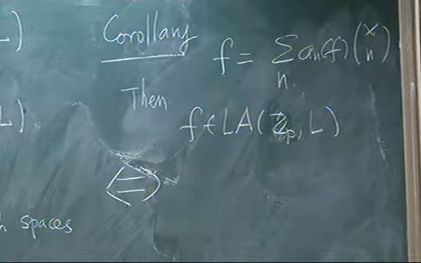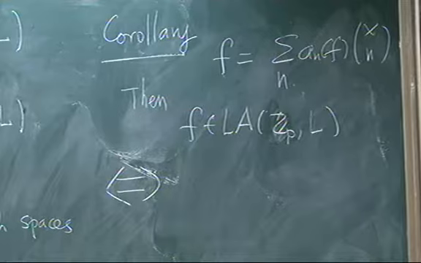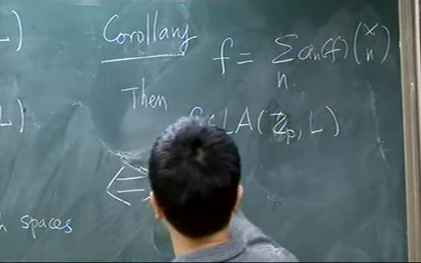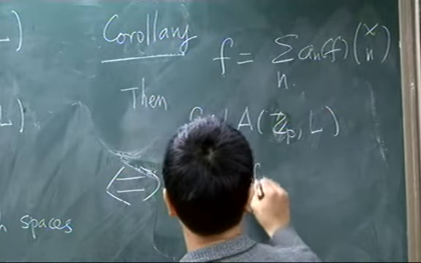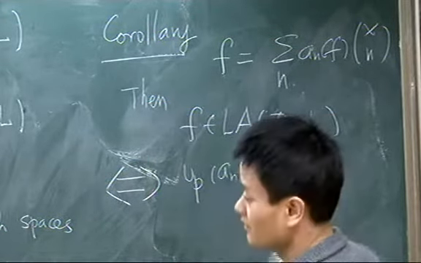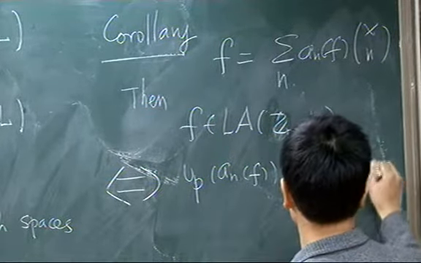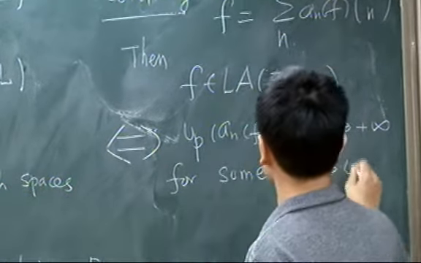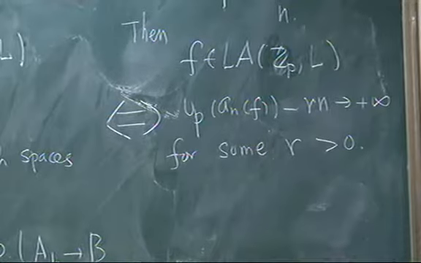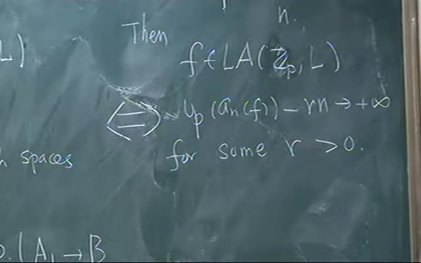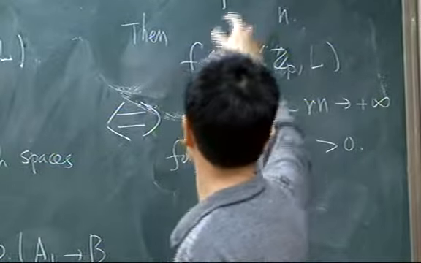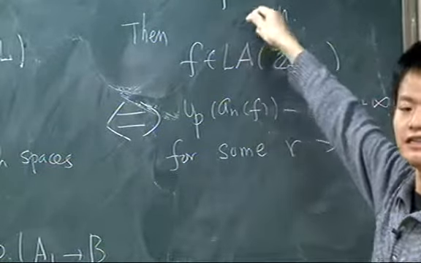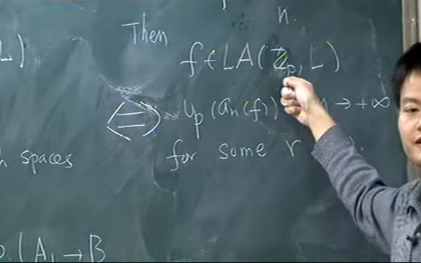It's contained in H, so for some H. When H is big enough, this is just some positive integer. So this is if and only if Vp ANF minus Rn goes to plus infinity; you just need some R bigger than 0. So that's how you find that a function is really a locally analytic function.